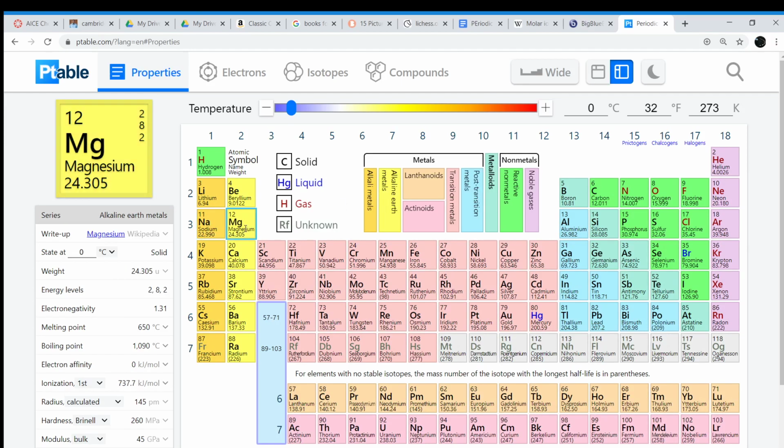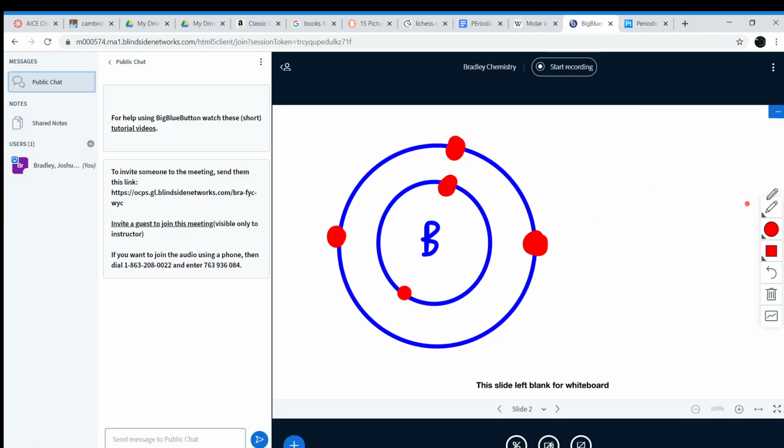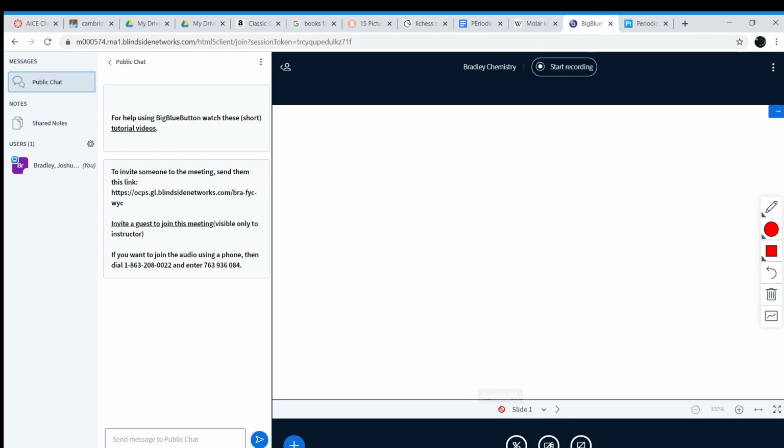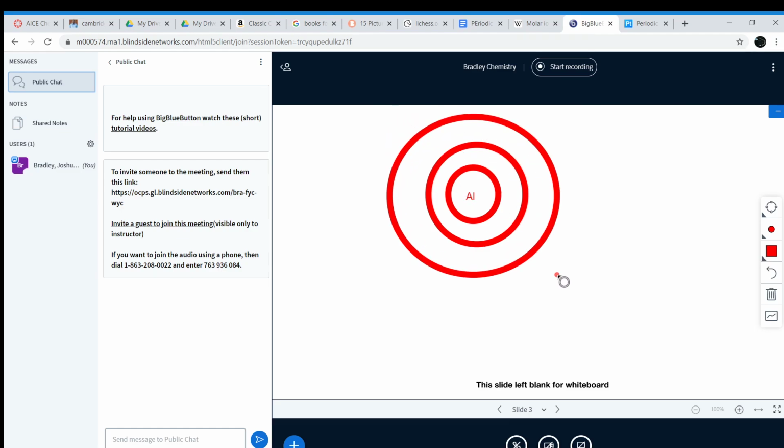So we have 1, 2, 3. So in the outer energy level, we have 3 electrons. So we're going to go ahead and draw that out. Okay, let's go here. So Al, let's write it correctly. And then we have, oh my god, that's a large one. We have 1, 2, 3.